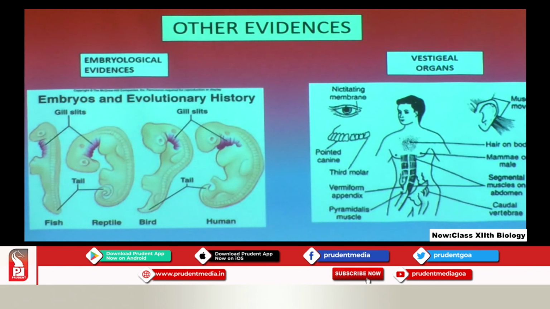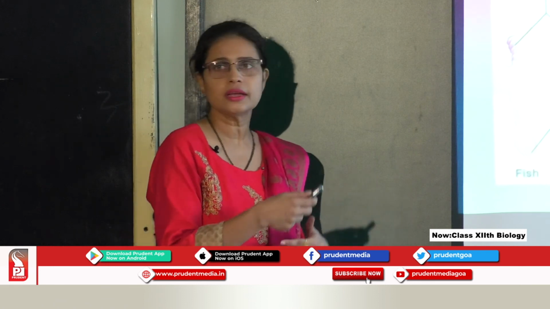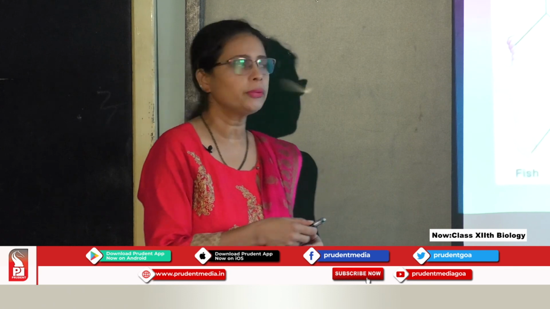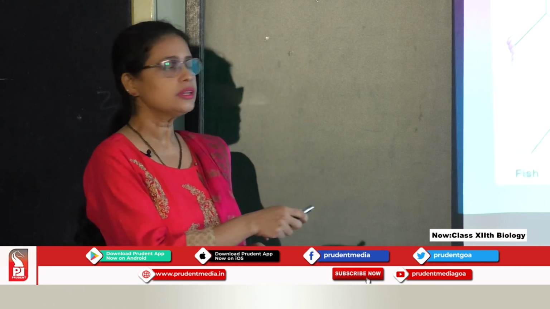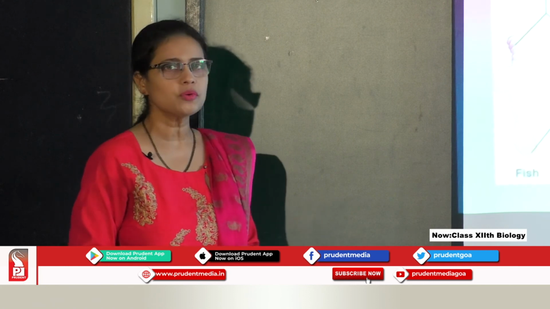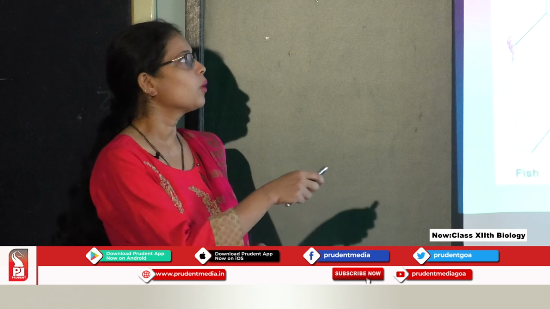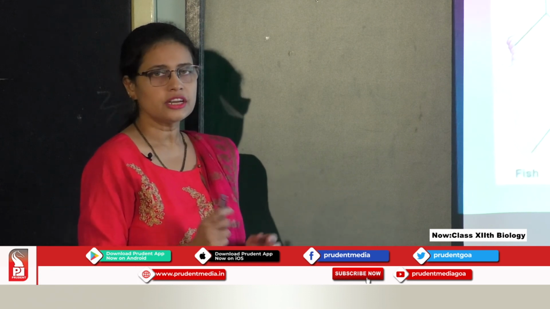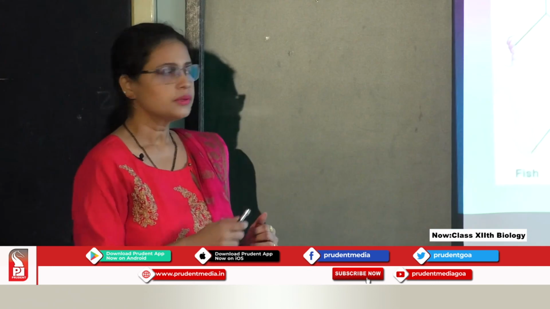This is at the embryological stages. But as they complete their further development, they become totally different. The very fact that at embryo level they are showing similarities proves common ancestry. That means there must have been a common ancestor for all these organisms. It is believed that if you mix all the embryos, it will be difficult to make out which one is of reptile, which one is of fish, which one is of bird.